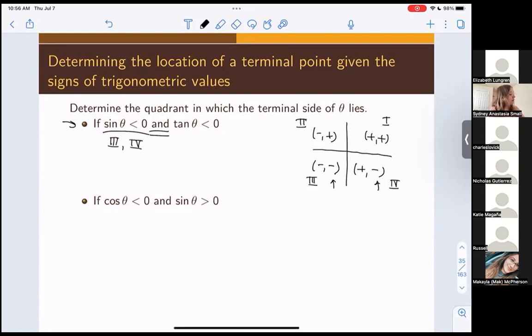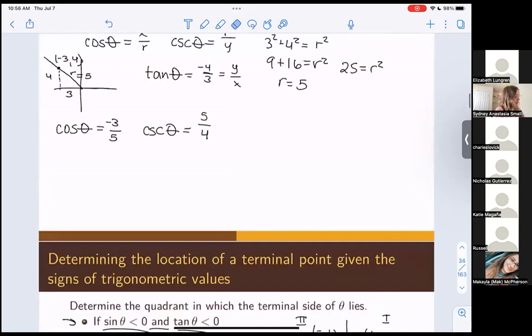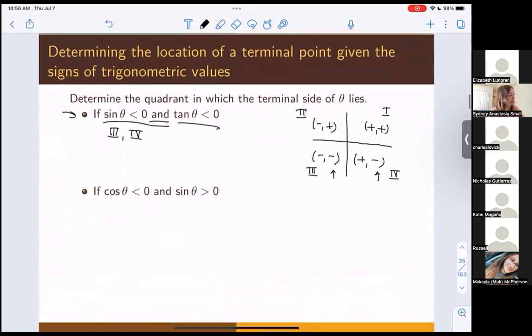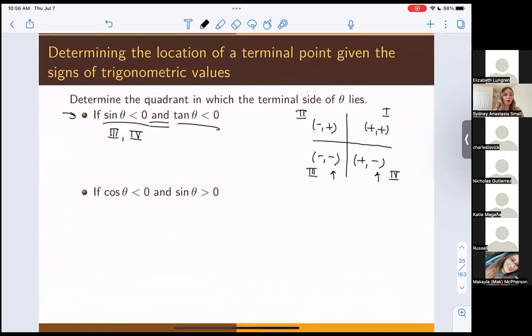Okay, now let's just focus on this piece of information. When is the tangent of theta less than 0? I talked about this a little bit on the last slide with how this came up with our negative tangent here. But this happens when we have our x and our y values being of opposite signs, because if you remember, a positive divided by a positive is positive.